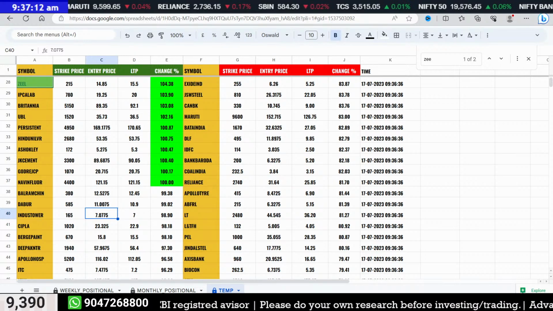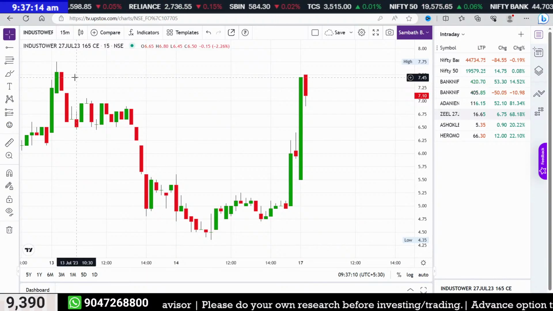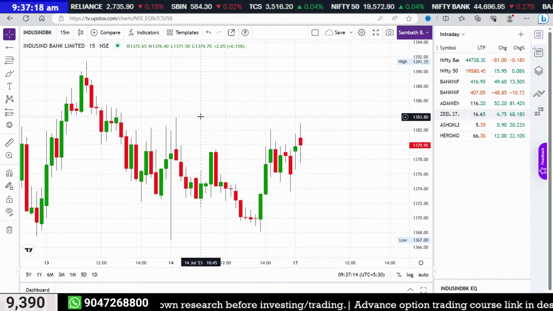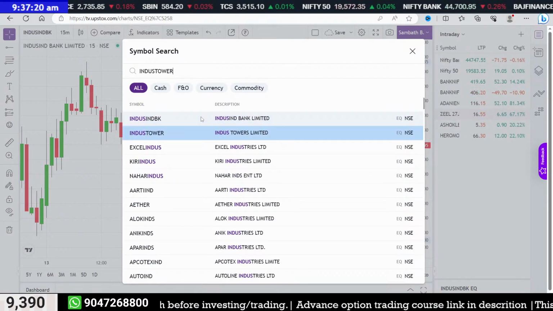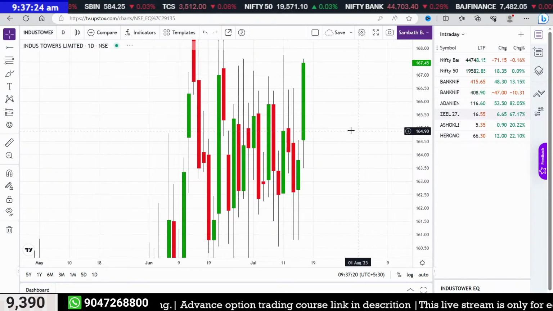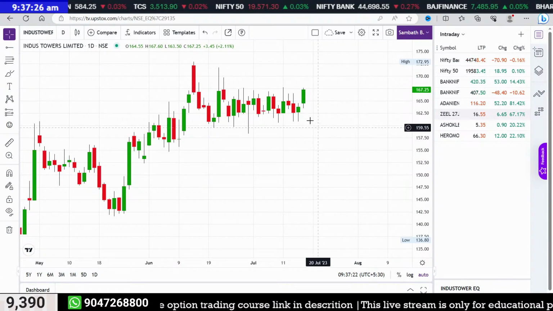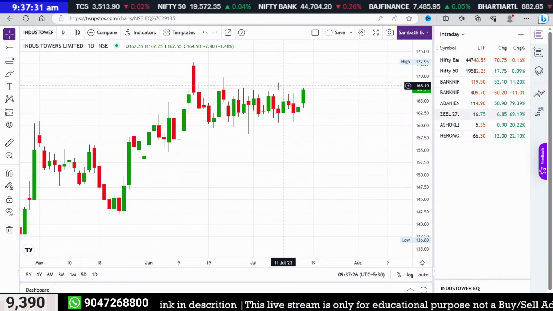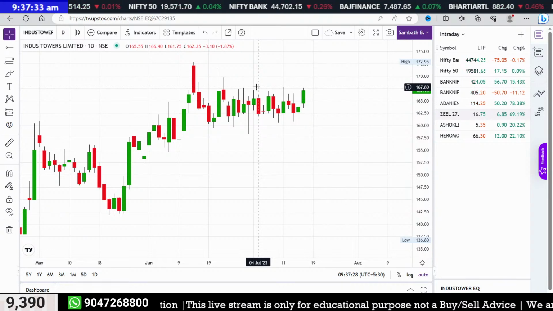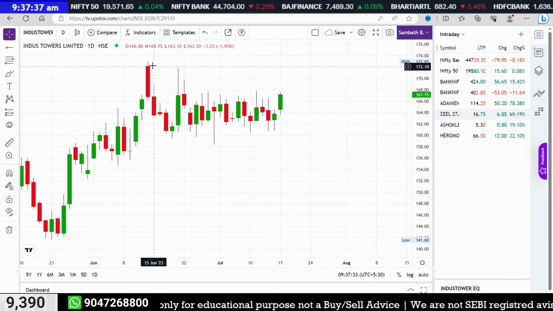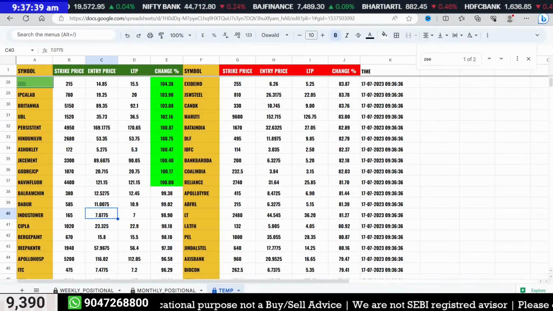Our entry is 7, which also triggered in the first 15 minutes. I think in this tower it is now giving you the breakout. Now it is slightly moving. Will it break above? Yes, Piyush, I remember. Now it is nearing that level. If it gives the breakout, maybe we can expect a further move in this particular stock.